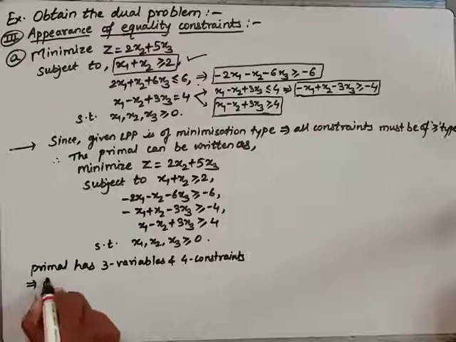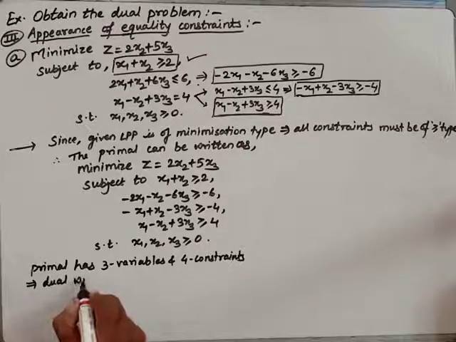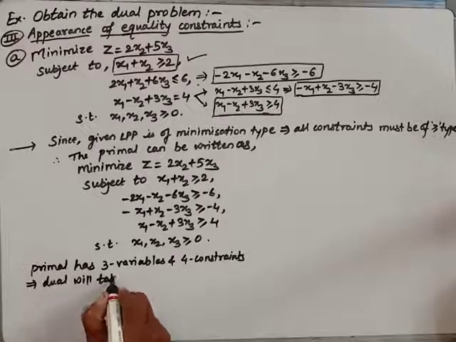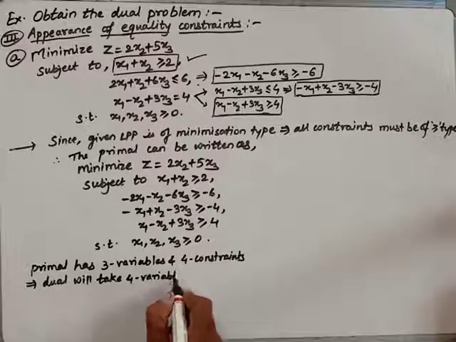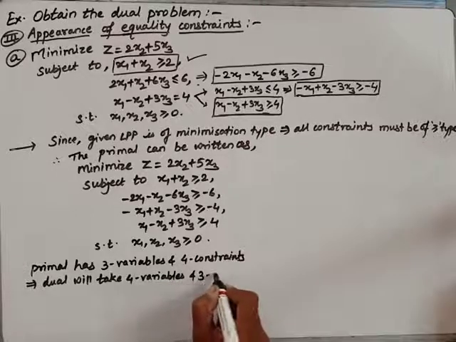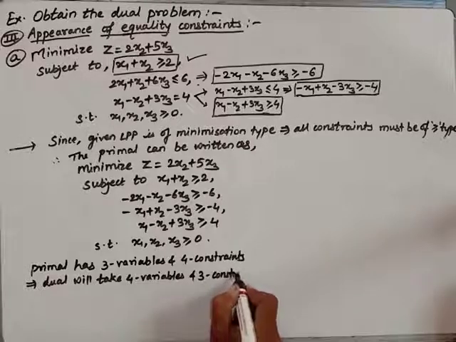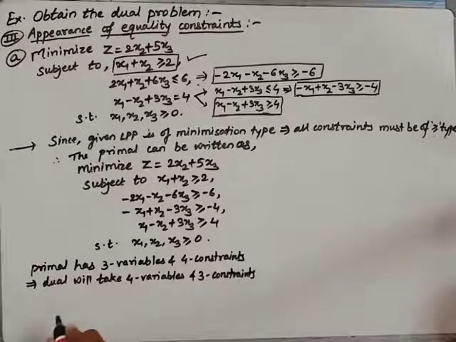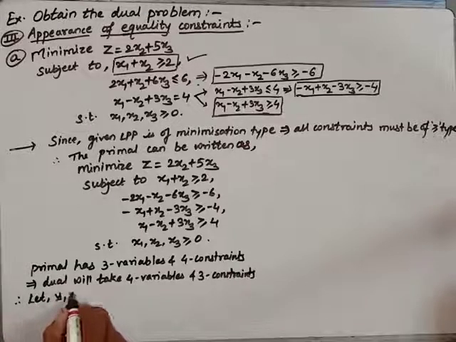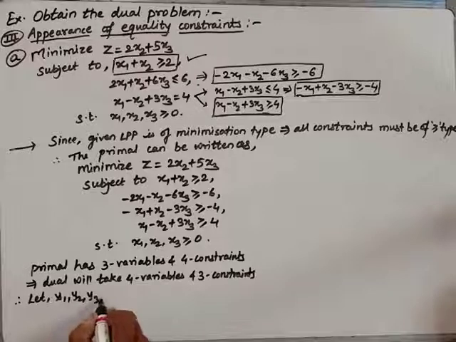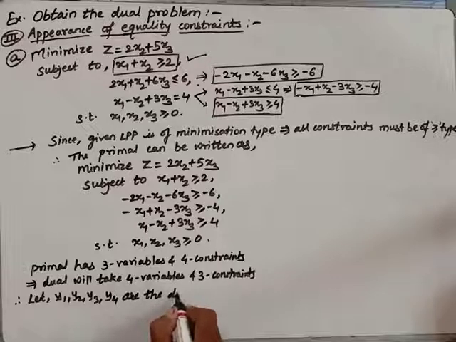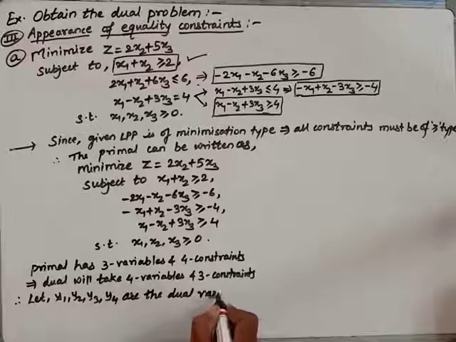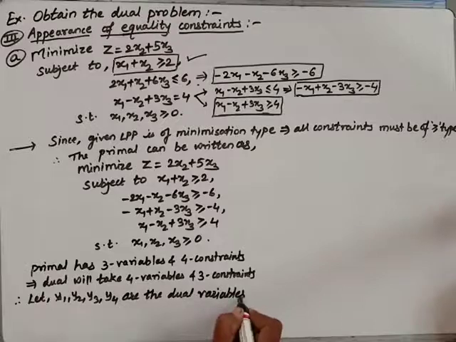So this implies the dual will have four variables and three constraints. Now let y1, y2, y3, y4 be the dual variables.